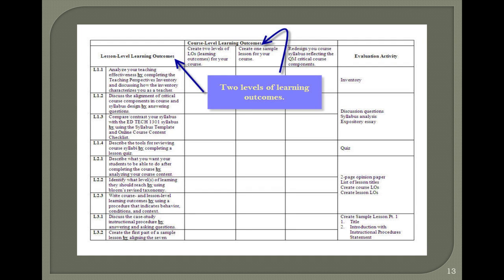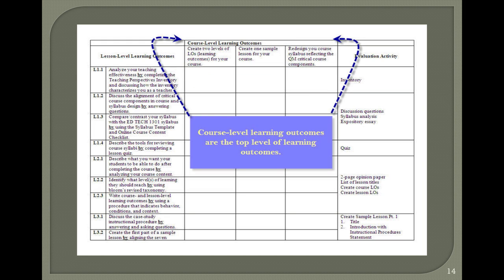This slide illustrated that there were at least 2 levels of learning outcomes in WBI 101. There were course level learning outcomes and lesson level learning outcomes. Course level learning outcomes are the top level of learning outcomes.